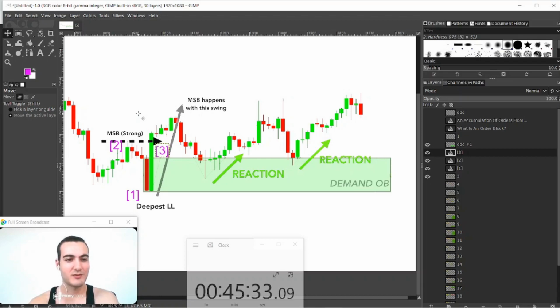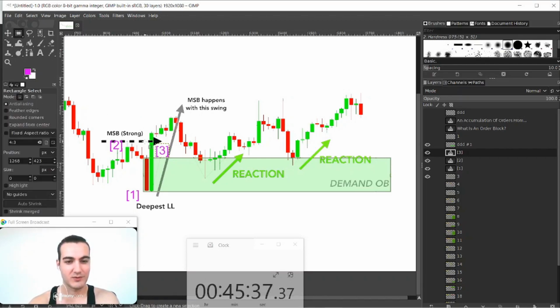And then I think if I remember correctly, the general idea for the entry zone is anywhere below the market structure break at point 2. In the order block down here, the demand order block would be a more precise entry area.